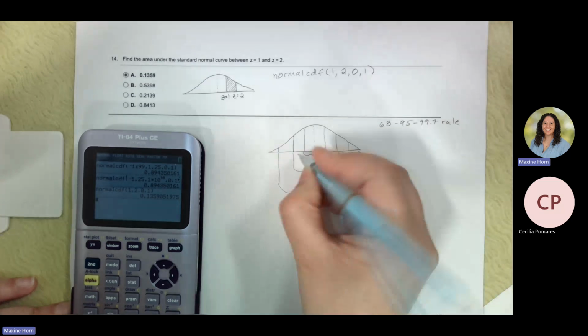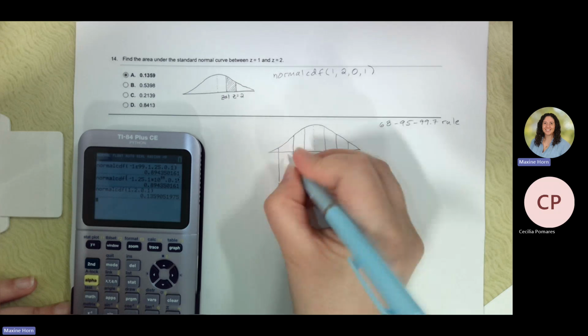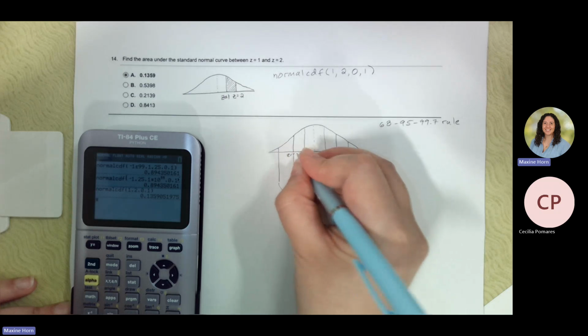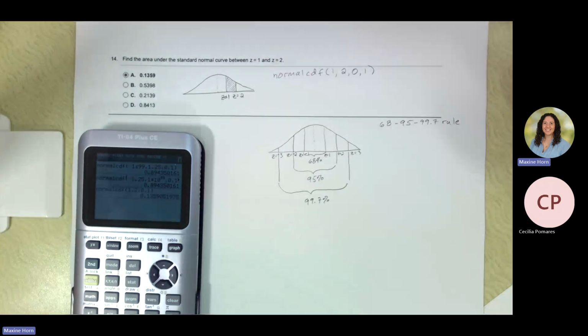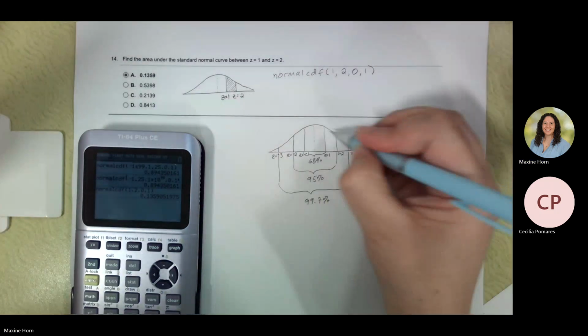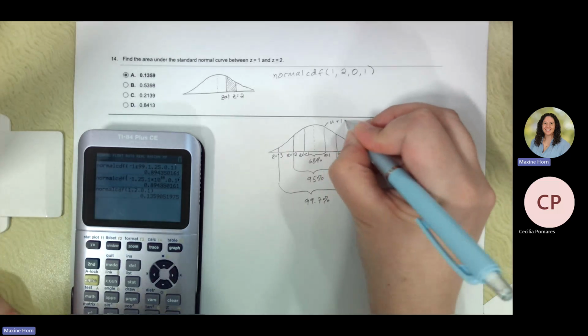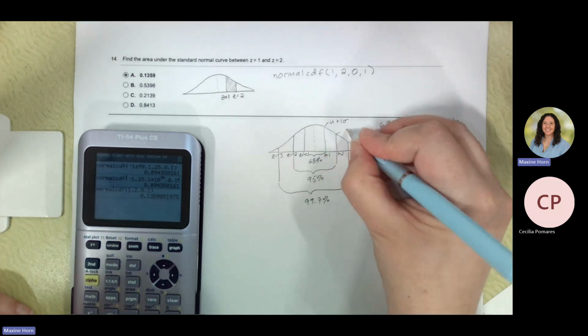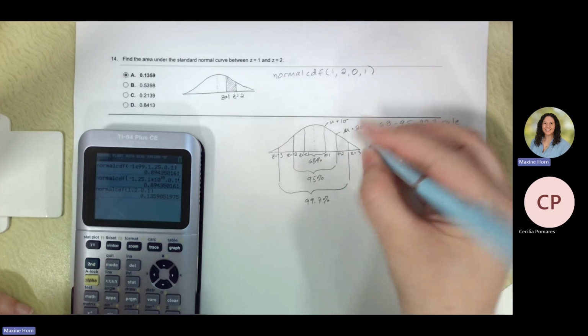So this is a z-score of 1, this is a z-score of 2, and this is a z-score of 3. And z negative 1, z negative 2, and z negative 3. Again, that means we took the mean and added 1 standard deviation to it. We took the mean and added 2 standard deviations.